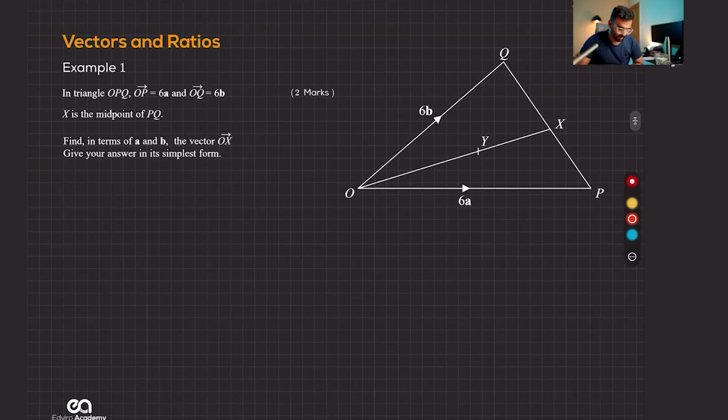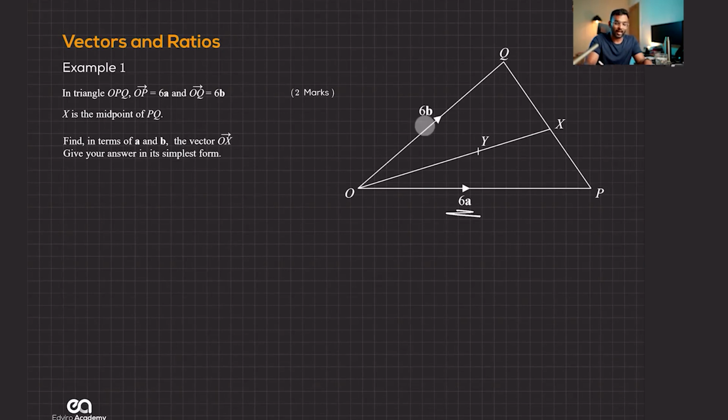Now we're coming to vectors and ratios. We have vectors and ratios coming through, and then we will find the value of k. So let's go through this question. In triangle OPQ, OP is 6a, OQ is 6b, X is the midpoint.